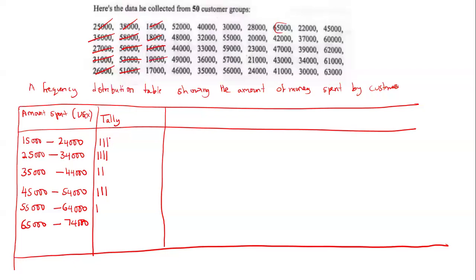And 19 is here. 17 is here. I cross. 52 is here.